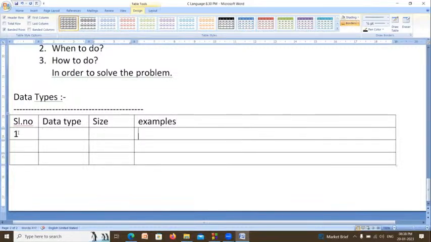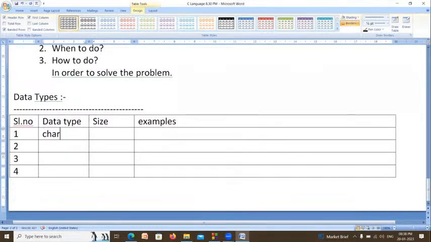What are those? Characters, integers, float, and double.